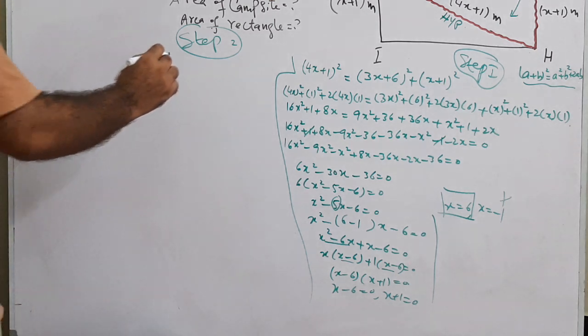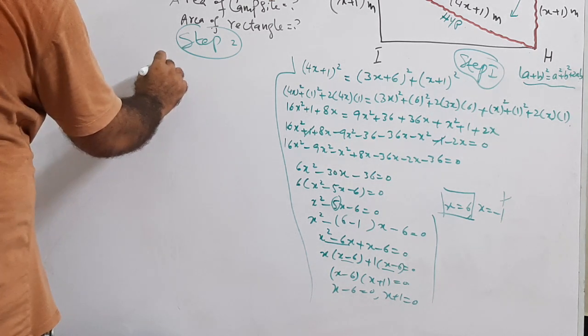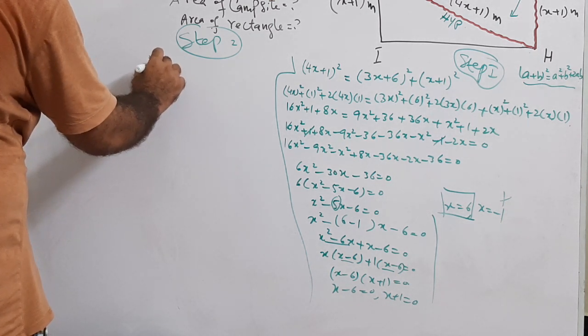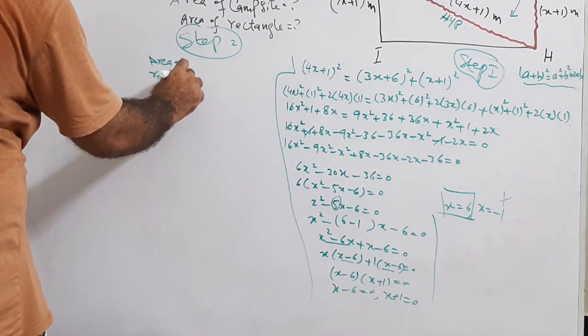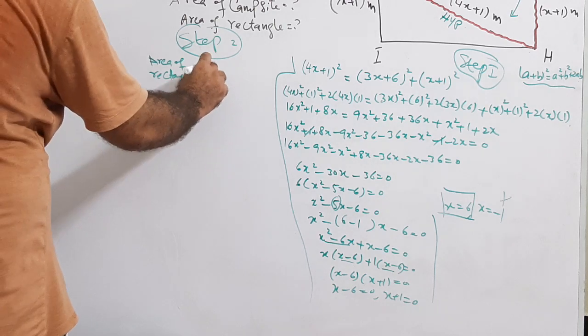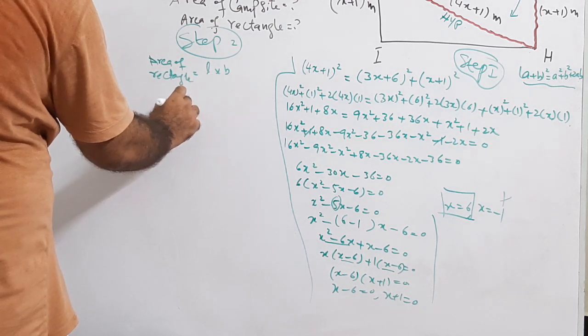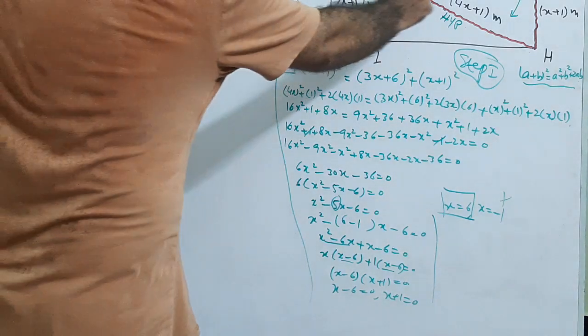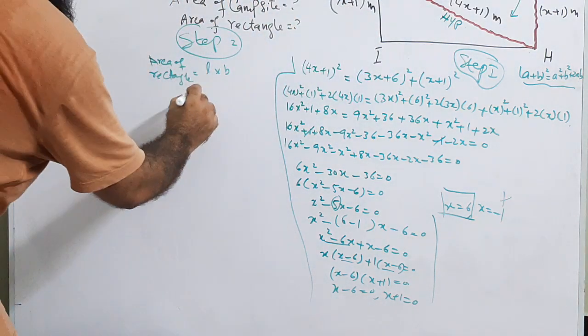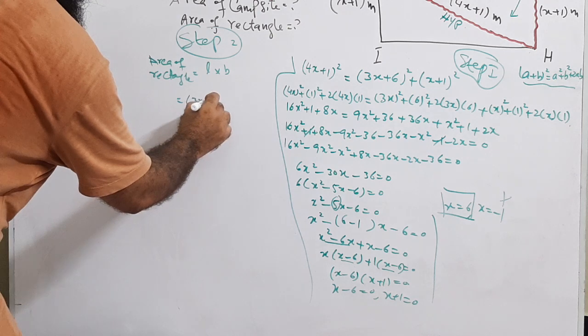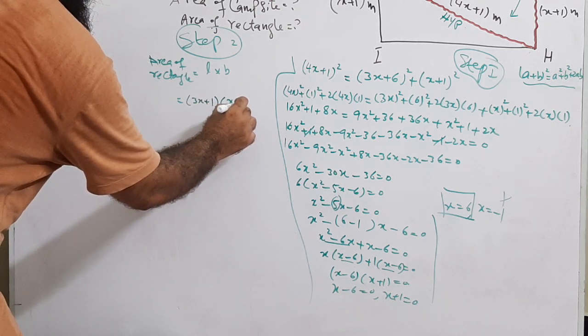The area of the rectangle is equal to length into breadth. So this side multiplied by this side, 3x plus 6 into x plus 1.